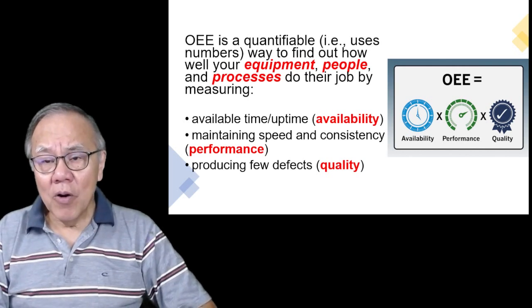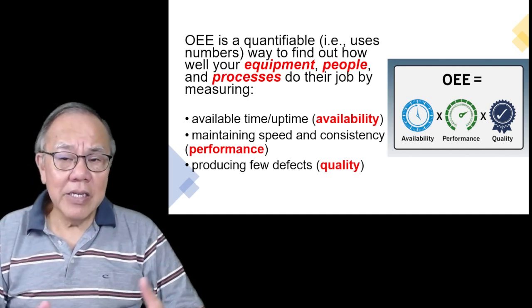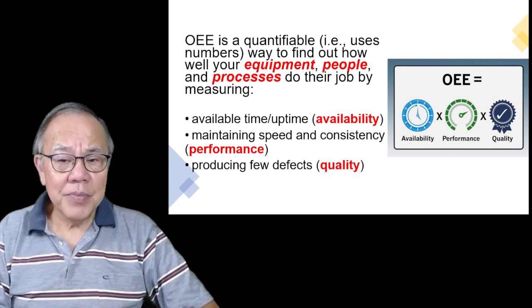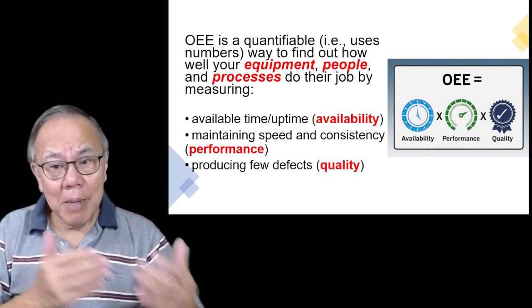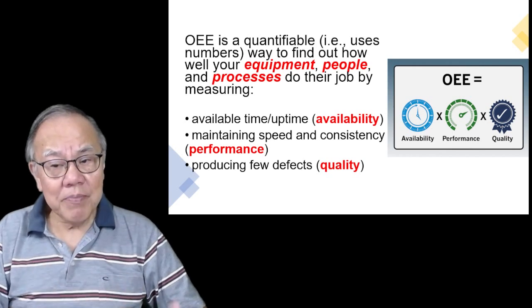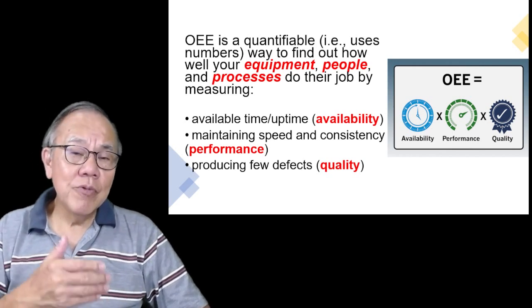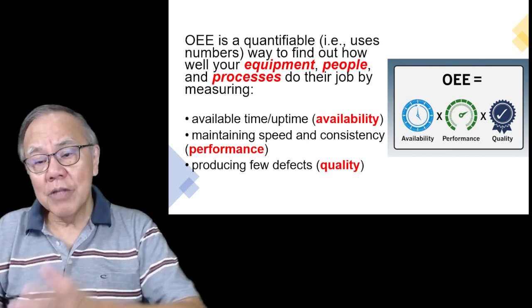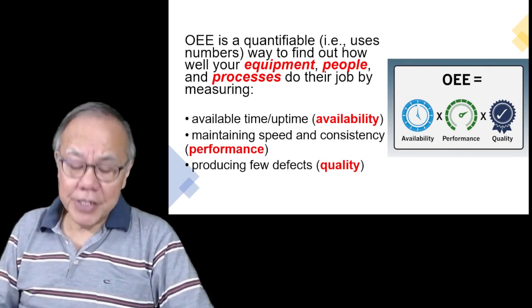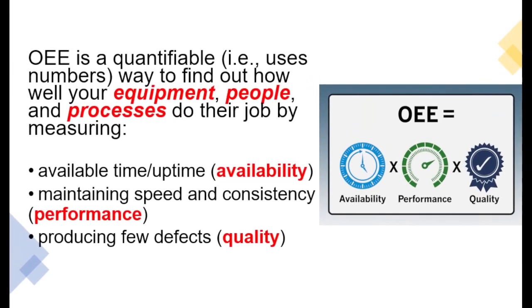Then you are maximizing your equipment. So OEE is a quantifiable number, a way to measure equipment, people, processes, and all that. How good is the process? How good are the people? It has to do with these three items, which we call availability, performance, and quality.